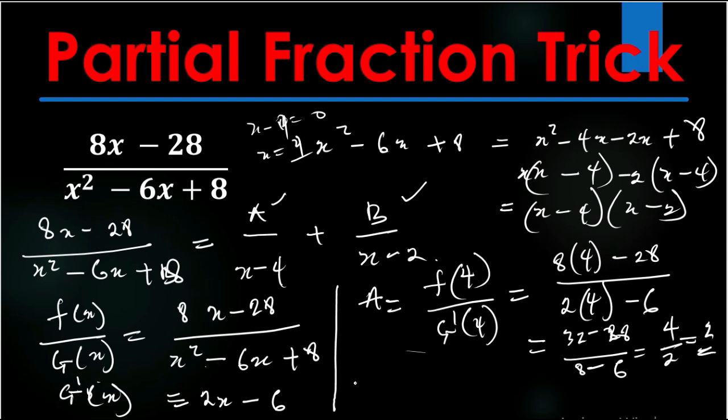The same thing happens to b. My b will come from f of 2 over g prime of 2, since x minus 2 equals 0 means x equals 2.